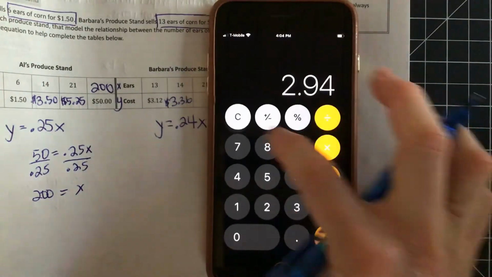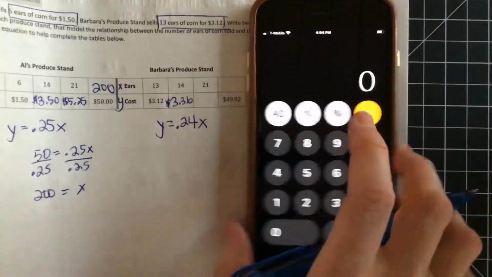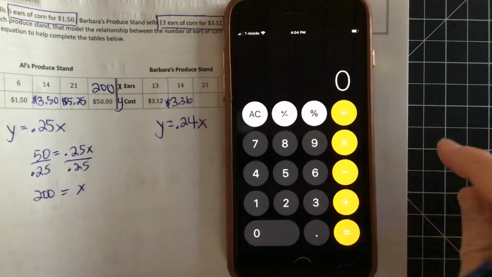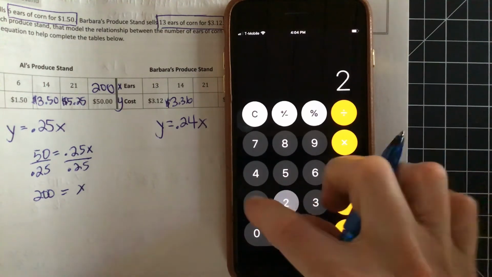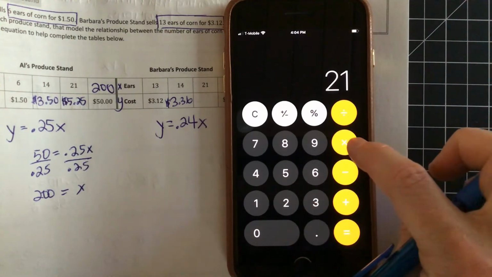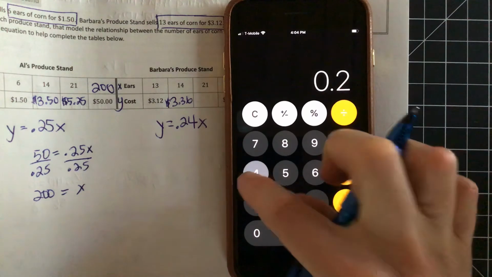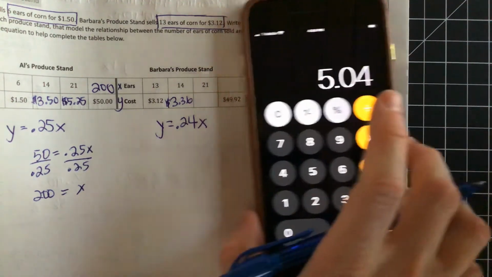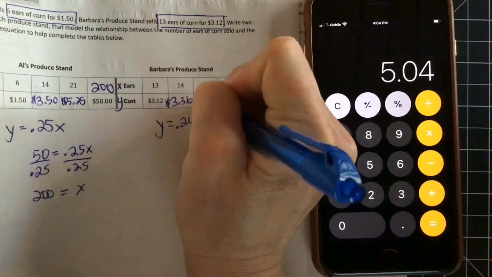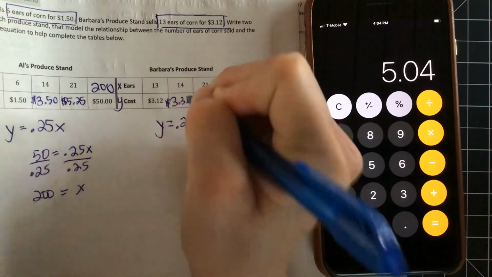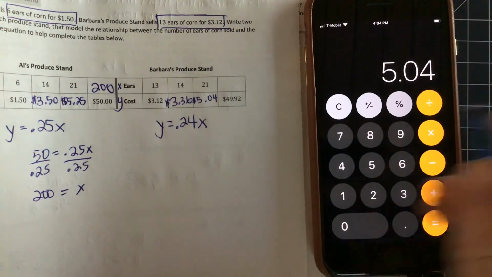Uh-oh, that didn't seem right. It was lower, so obviously I made an error in pushing buttons. Important skills when using calculators. So 21 times 0.24 is $5.04, makes more sense. It's got to be increasing.